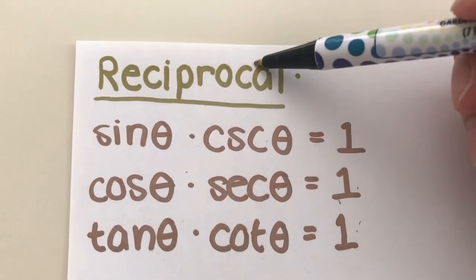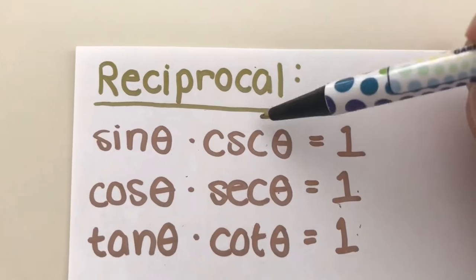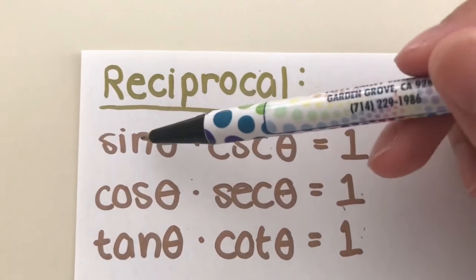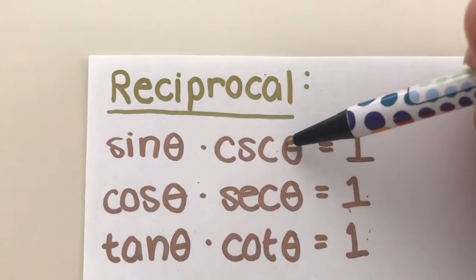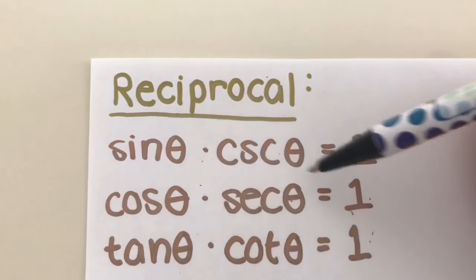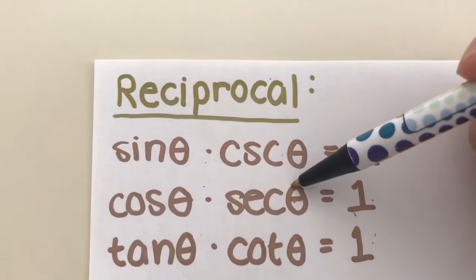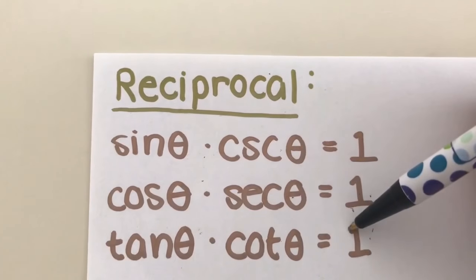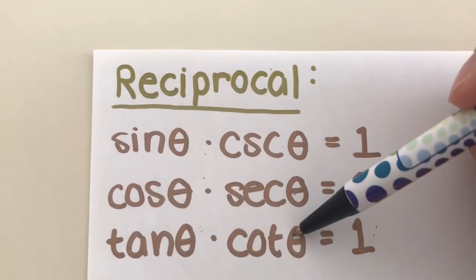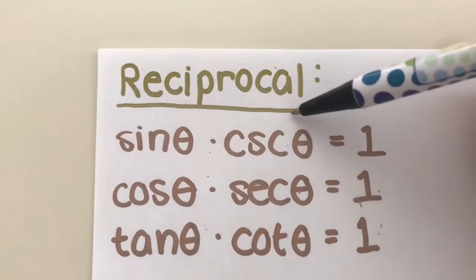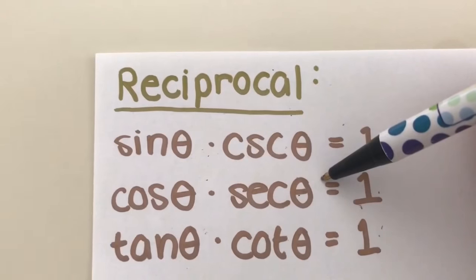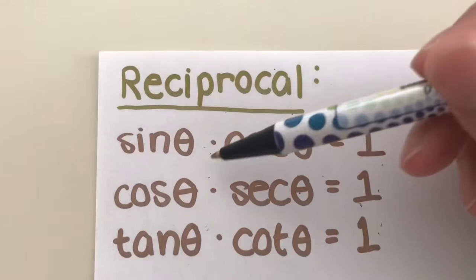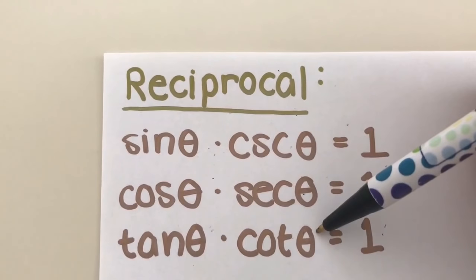Since it's the reciprocal identity, we can also have sine equals 1 divided by cosecant, cosine equals 1 divided by secant, and tangent equals 1 divided by cotangent. We could also have cosecant equals 1 divided by sine, secant equals 1 divided by cosine, and cotangent equals 1 divided by tangent.